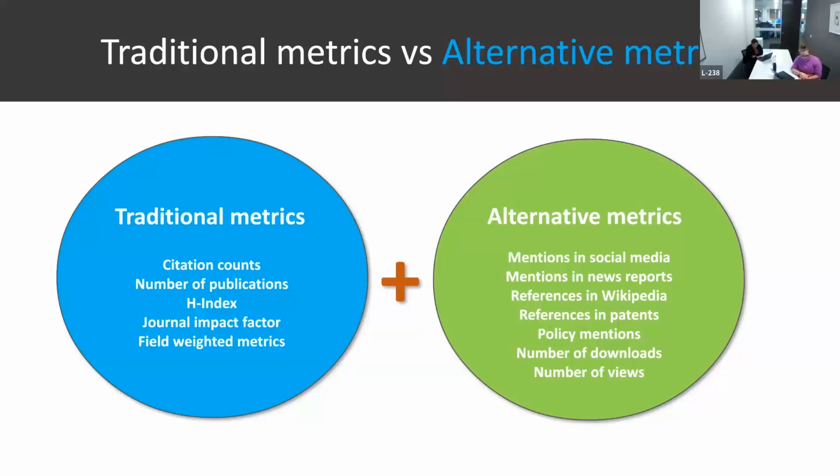Alternative metrics measure impacts in other formats, such as media mentions, so social media, news, Facebook mentions, references in policies and patents, and views and download numbers. So if you're talking about the impact of your work, if your work has been mentioned in a policy, that's a really great way to show my research is being used to create policies, which shows a lot of impact.